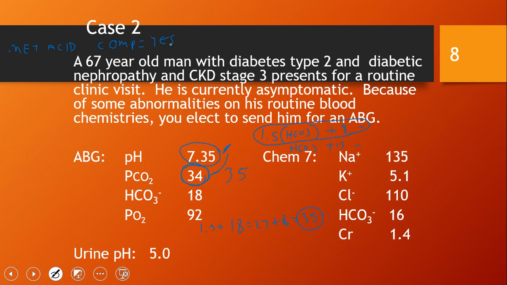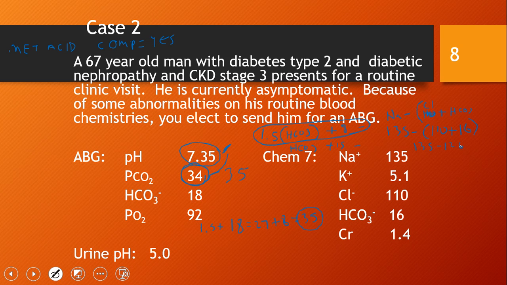Now we're going to check his anion gap, see what's going on there. Remember, the anion gap is sodium minus chloride plus HCO3. So now we throw the numbers in there. 135 minus 110 plus 16. What do we get? 135 minus 126.